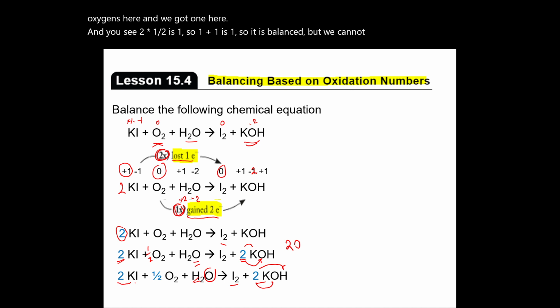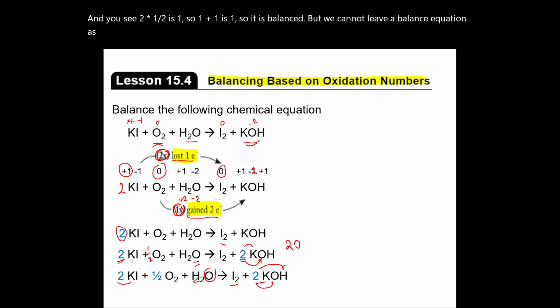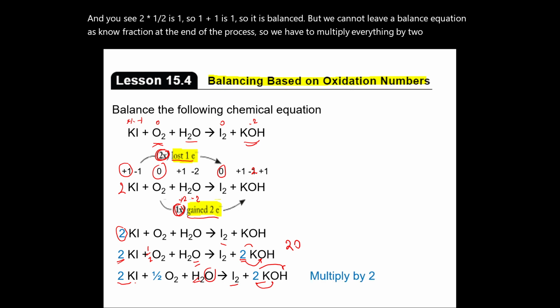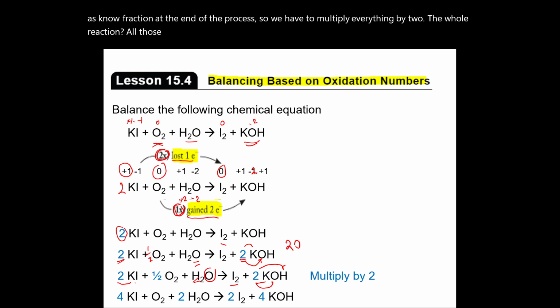But we cannot leave a balanced equation as a fraction at the end of the process, so we have to multiply everything by 2, all those coefficients by 2, and that is your final balanced oxidation reaction.